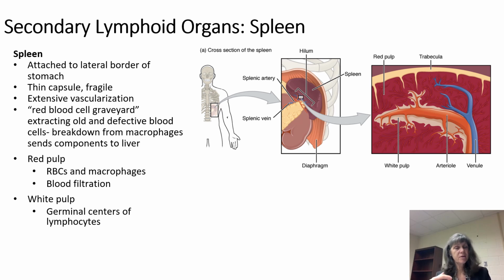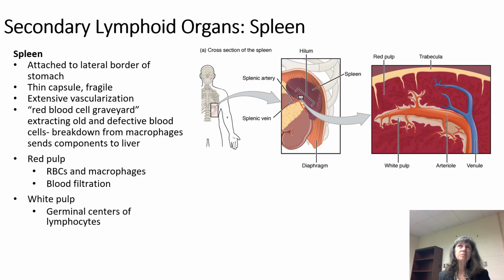And when the red blood cells are broken down by those macrophages, the parts of the red blood cells can be recycled and used again. They're going to be sent to the liver for that to be done. For example, we need to conserve iron for making hemoglobin. So that's one of the functions that occurs in the spleen.